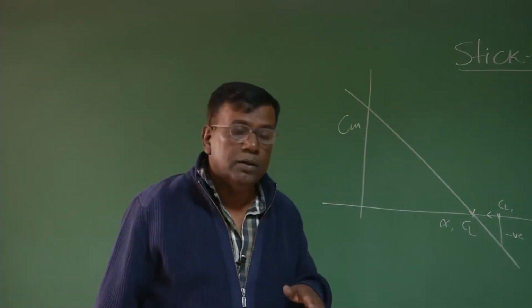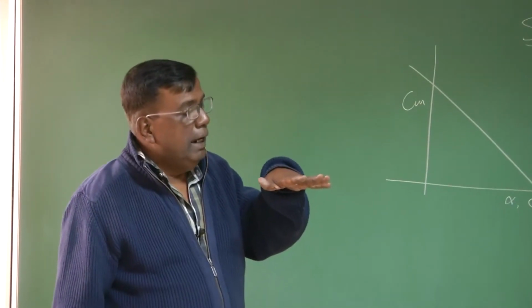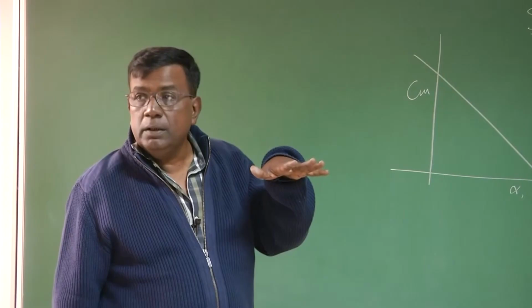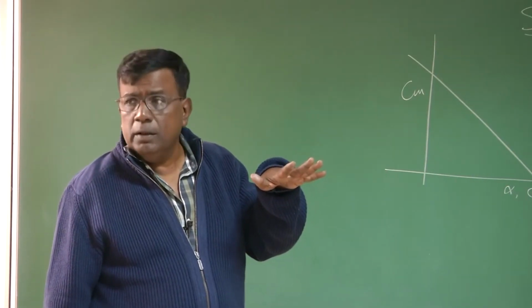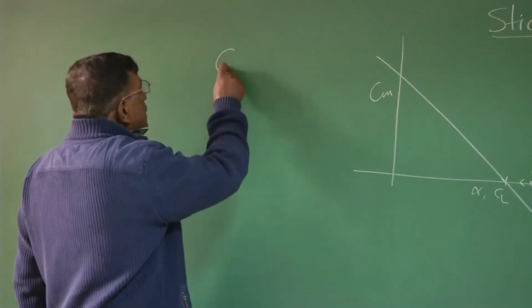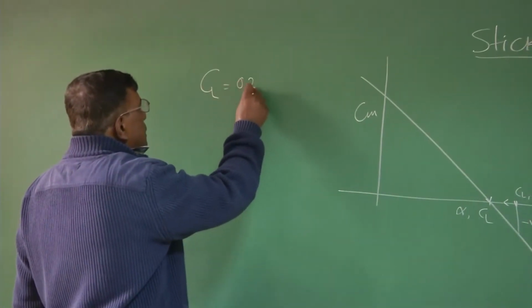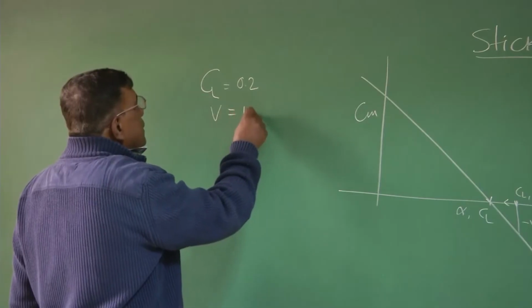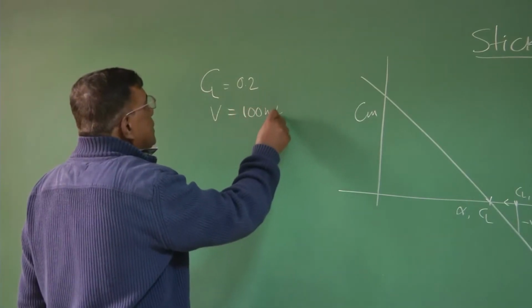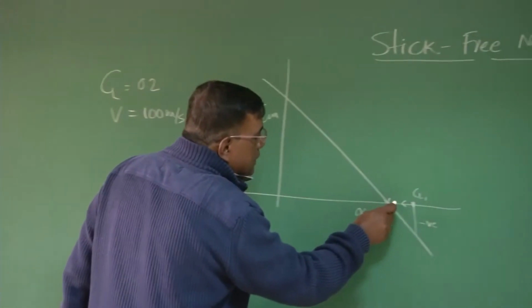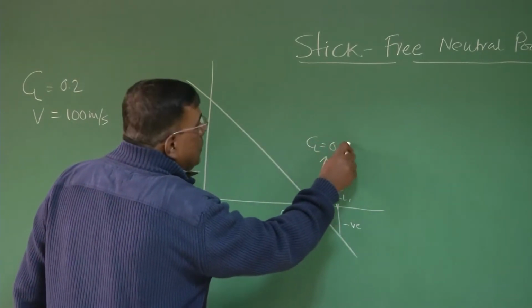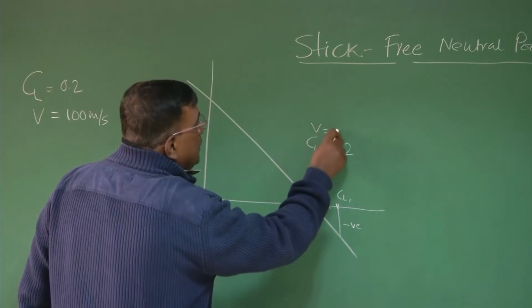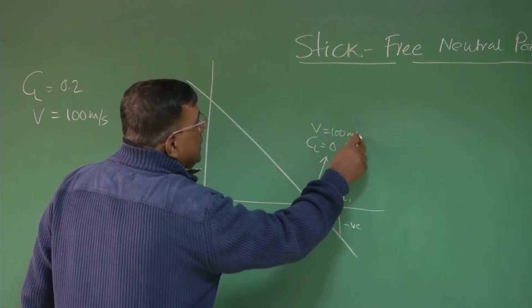Just to give you a scenario, suppose I am flying at an altitude of, let us say, 1 kilometer, at a CL of 0.2 and a speed V of, let us say, 100 meter per second. Let us say that point is this. This corresponds to CL equal to 0.2 and V equal to 100 meter per second.